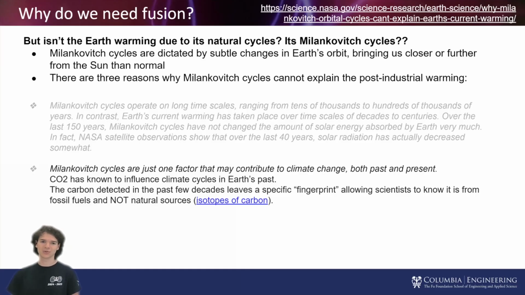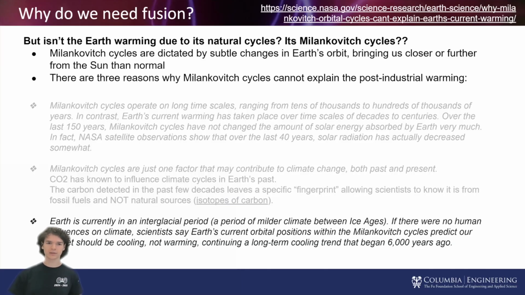We can actually point out what is in the atmosphere that is not natural, that's from these fossil fuels. And sure enough, we see that this accumulation of carbon dioxide is from isotopes that come from fossil fuels burning and not natural sources. It's not to say that there are no natural sources of carbon dioxide, but the ones that have really increased in the past 150 years are the artificial ones.